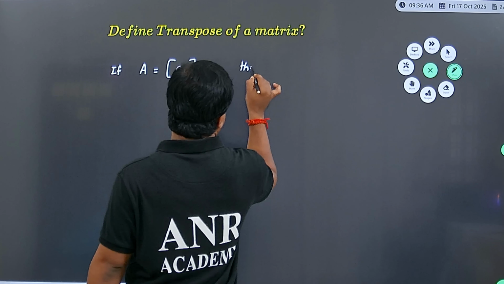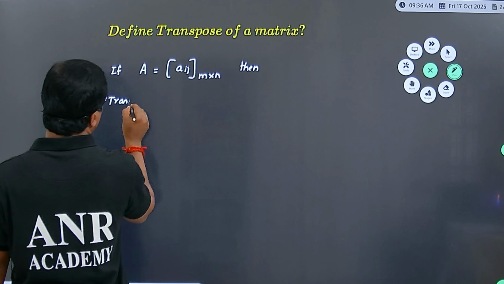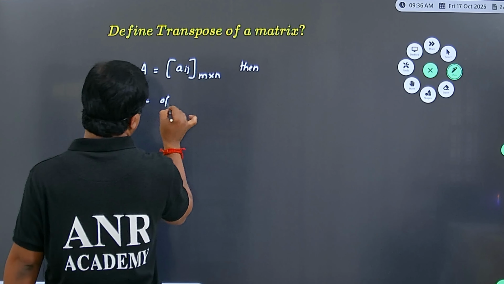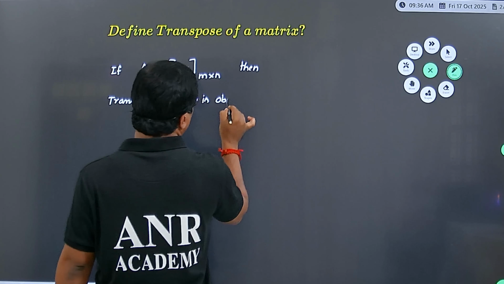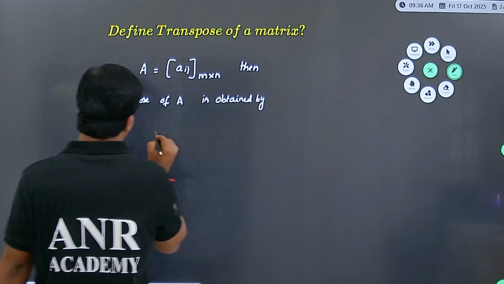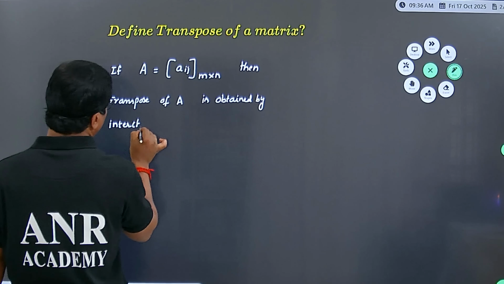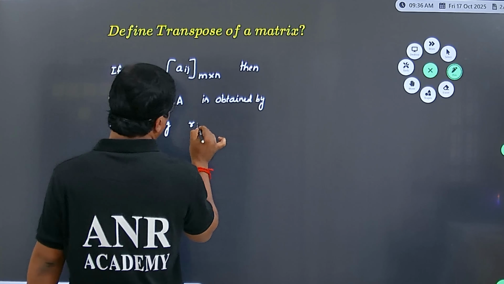Then transpose of A is obtained by interchanging rows and columns.